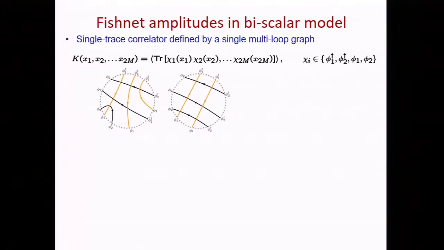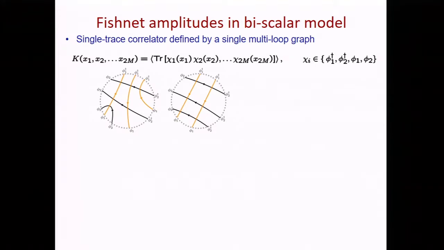The lines shouldn't be interrupted because our vertex has this structure like phi1 dagger, phi2 dagger, phi1, phi2. And we know that yellow lines corresponding to phi1 shouldn't cross. There is no such interaction. Black lines either, and also the chirality should be respected. The arrows should be respected.